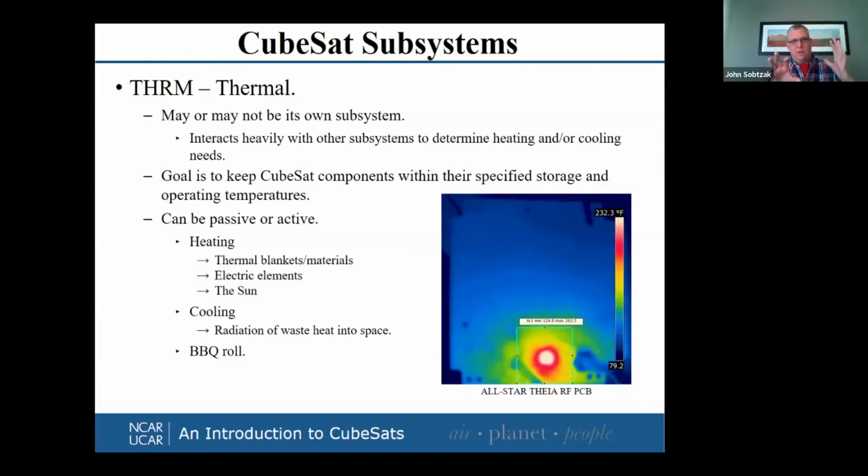If you have the sun on one side, if you rotate the satellite or your flight object very slowly, it'll heat and cool. It keeps it at a uniform temperature, and it's a very common way to passively keep thermal control on your CubeSat. The hard part is if you have to stop the barbecue roll because you have to point a certain direction for either communicating or instrument.